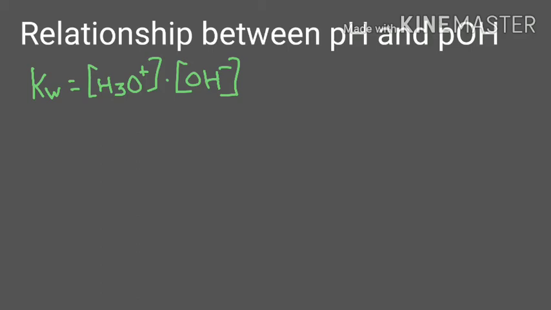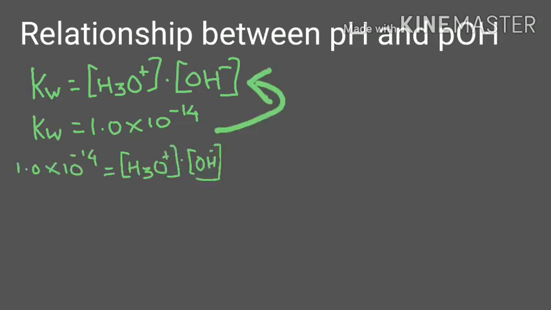We also derived the value of Kw, which was 1.0 into 10 raised to minus 14 at a given temperature, that is 298 Kelvin. Now just substitute these values in the above equation. Now we have to take logarithms on both sides.